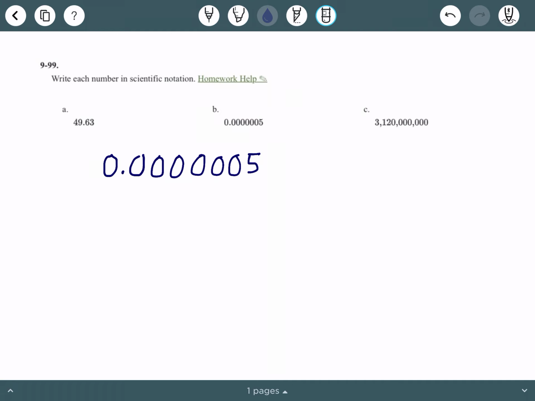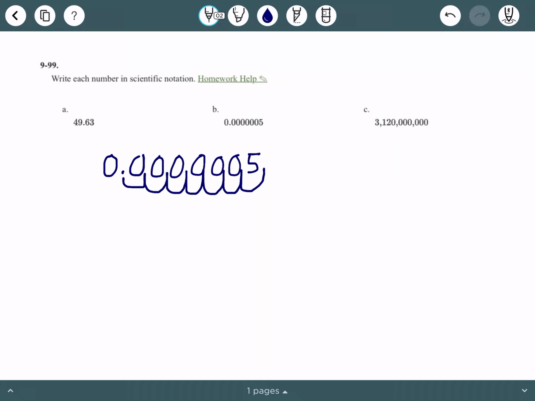After the decimal point. Now in this case, we know our leading digit needs to be greater than or equal to 1, but less than 10. If I move it this way, that's just going to give me a smaller number. So that means I need to move my decimal to the right this time. I'm moving it 1, 2, 3, 4, 5, 6, 7 places.